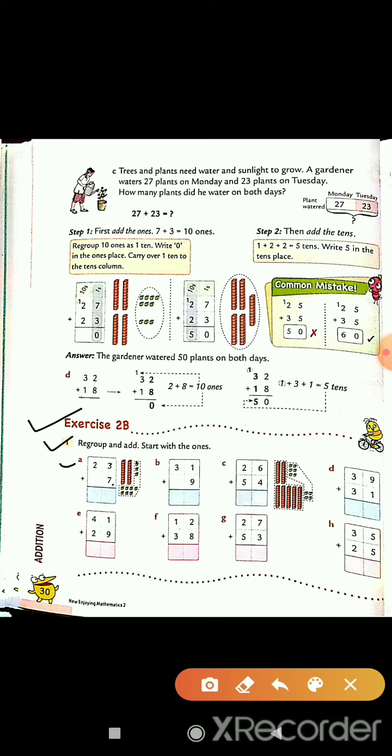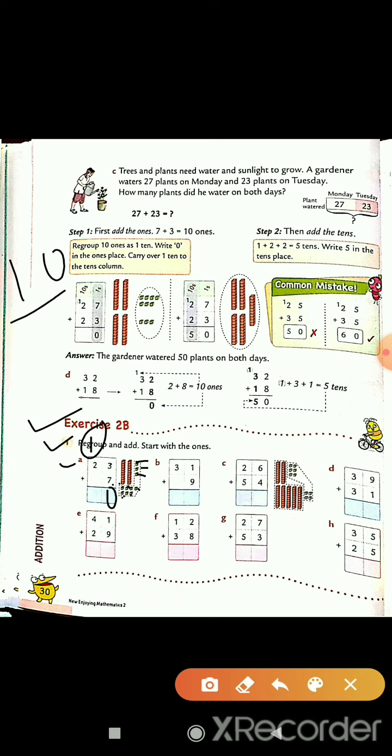Count them together. 1, 2, 3, 4, 5, 6, 7, 8, 9, 10. What did we get? 10 ones. We have to regroup 10 ones as 1 ten. So write 0 in the ones place and carry over 1 ten to the tens column.